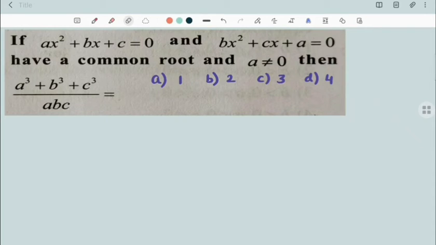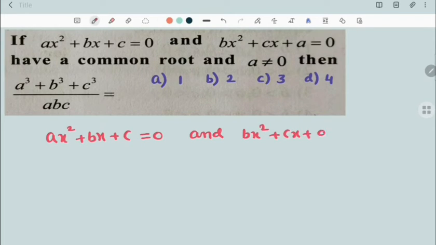The common root means here ax square plus bx plus c equal to 0 and bx square plus cx plus a equal to 0 have a common root.